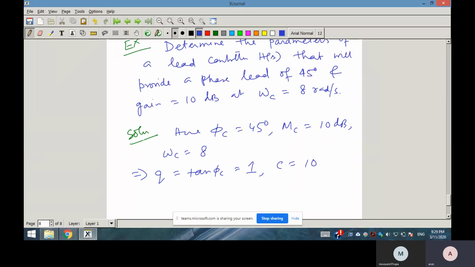C equal to 10 to the power MC by 10, so this is 10. What is the condition? C greater than Q square plus 1 is satisfied. So this means lead compensator exists.